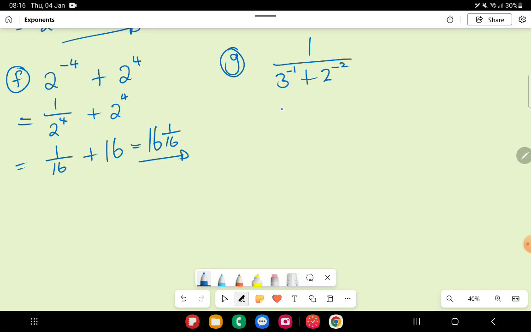Okay, let's move them. The 3 goes up, so that becomes 3 to the power of 1 plus 2 to the power of 2, and all of that is over 1, so I'm not going to write that, right? I did write it. Okay, so that means 3 to the power of 1 is 3, plus 2 to the power of 2 is 4, which gives me an answer of 7.